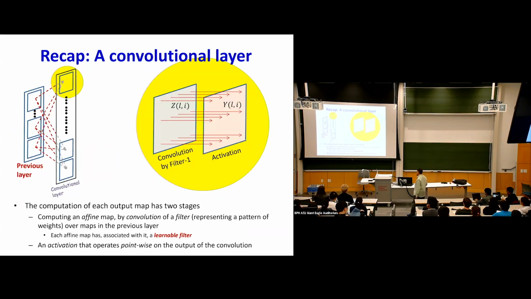In a convolution layer, we had a collection of output maps, or channels. The computation of each output map had two stages. In the first stage, we computed an affine map by convolving a filter over all of the maps in the previous layer jointly, following which we applied an activation pointwise to every element in the affine map.